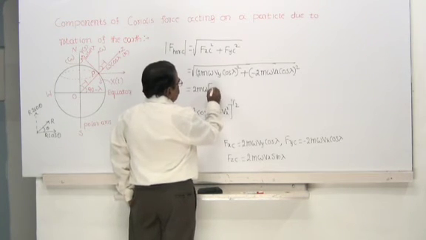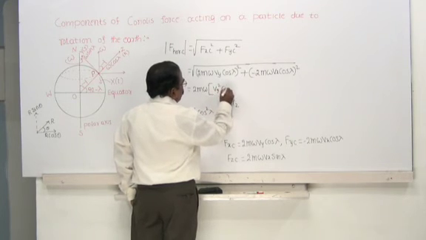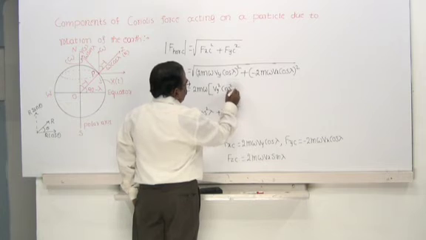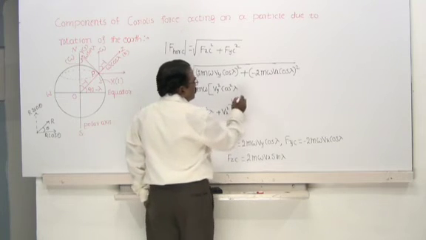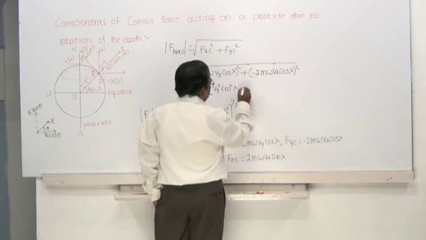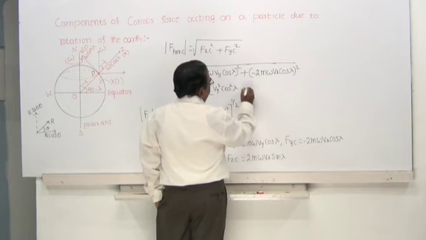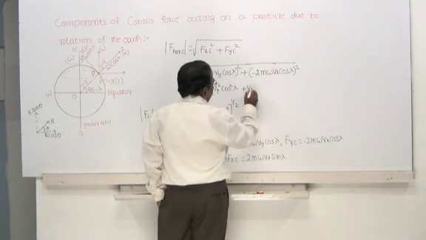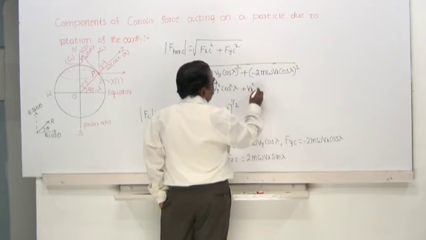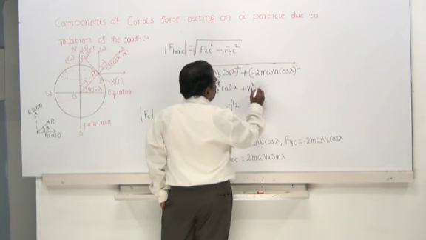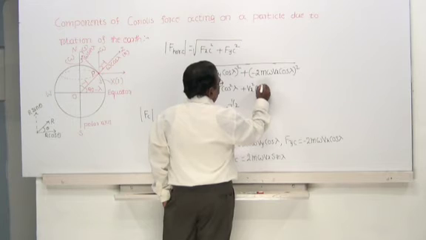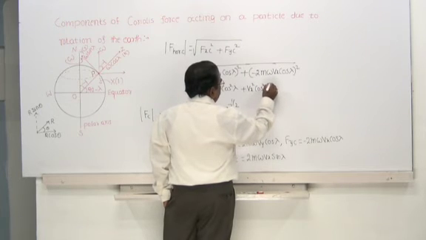It is Vy square cos square lambda plus Vx square cos square lambda.